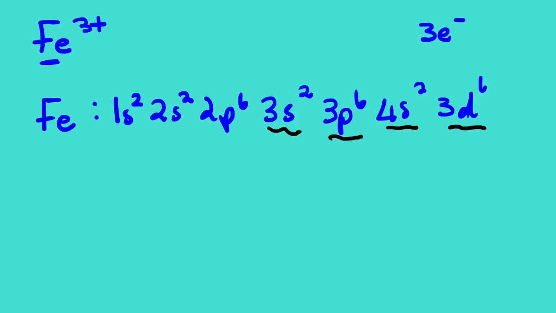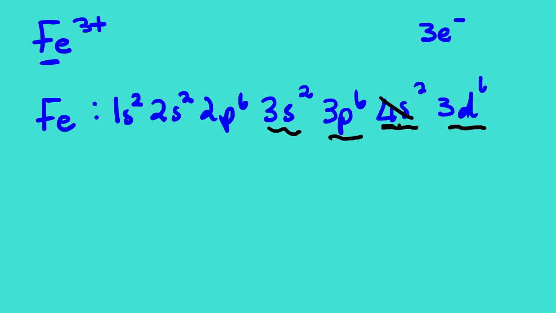Remember that we remove from the highest energy level. So in this case, you can see that this is the highest energy level. We are going to remove 2 of these, but I want you to check something from here. Since this is the only energy level number 4 that we have, we know that 2 of these electrons will be removed from here.